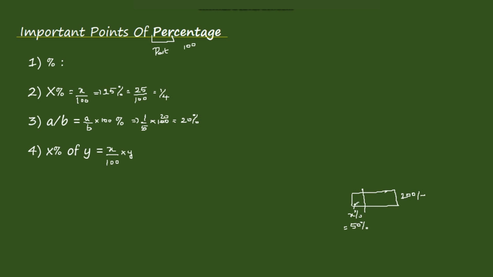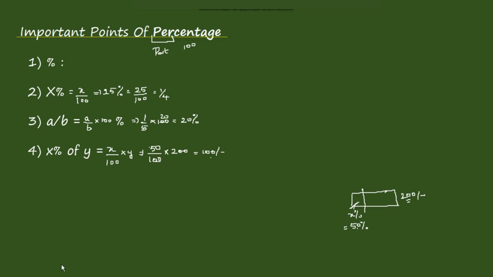Then how much money is used for chocolates? Just substitute the values here: x is 50, so 50 by 100 into y, the total money, which is 200. The zeros get cancelled, which is equal to 100 rupees. So using 50% means you are using 100 rupees for chocolates.